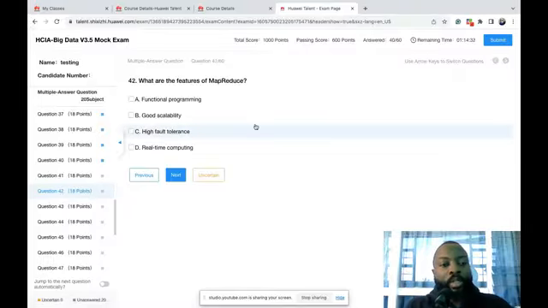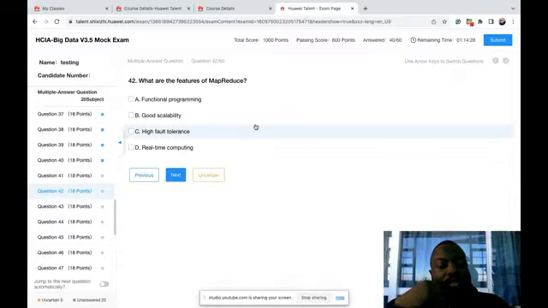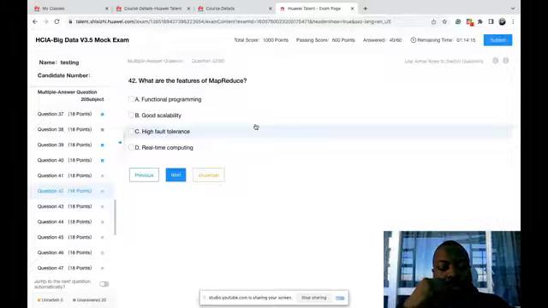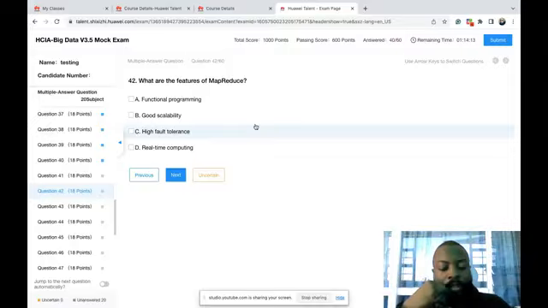Let's keep going. What are the features of MapReduce? Yeah, it has good scalability. Let's see.